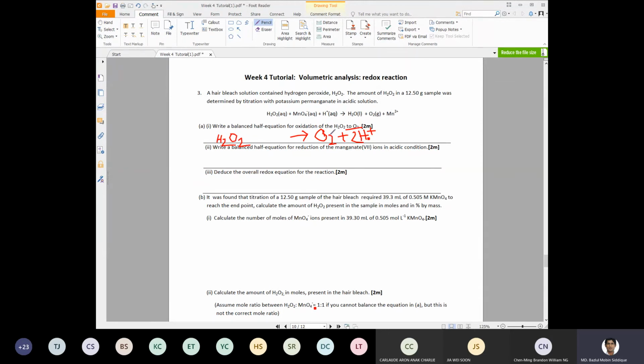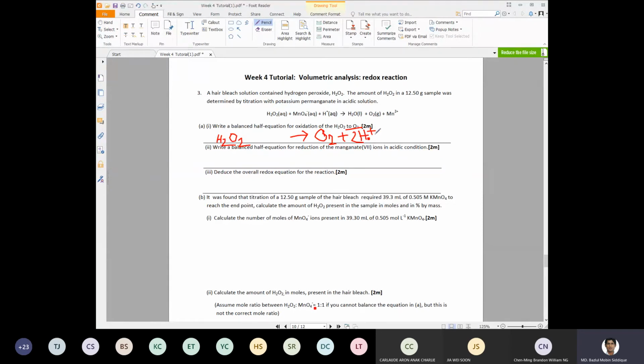Oxygen produced is O2, and there are two O here, so it is perfectly fitting in this scenario. So I don't need to change any stoichiometric ratio here. I can just put this oxygen here. And then there are the two hydrogen that's left on the left side, or on the reactant side.